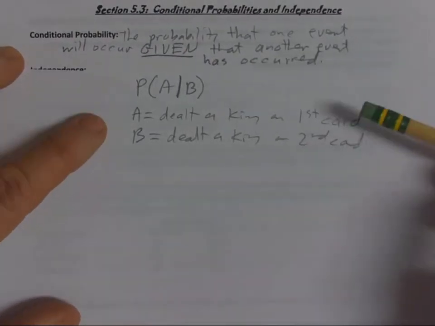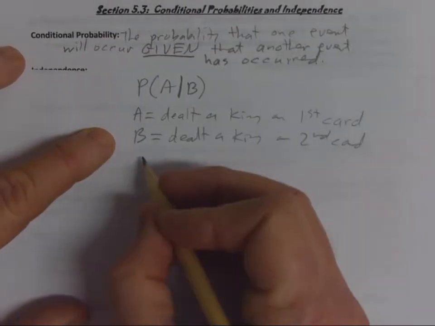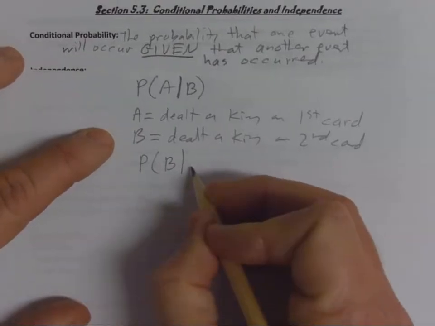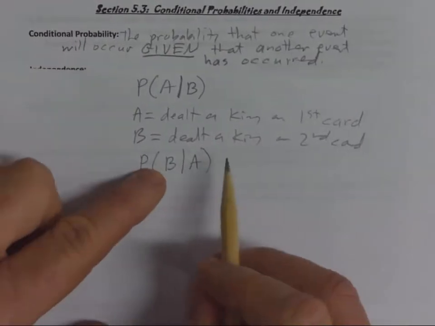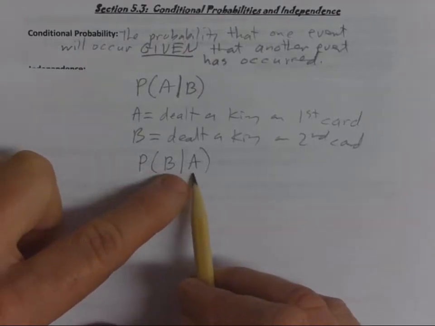Well, these events certainly aren't what we're going to call independent. And so we may want to know, what's the probability that B is going to occur given that A has occurred? In other words, what's the probability that you're going to get dealt a king on the second card given that you've already been dealt a king on the first card?